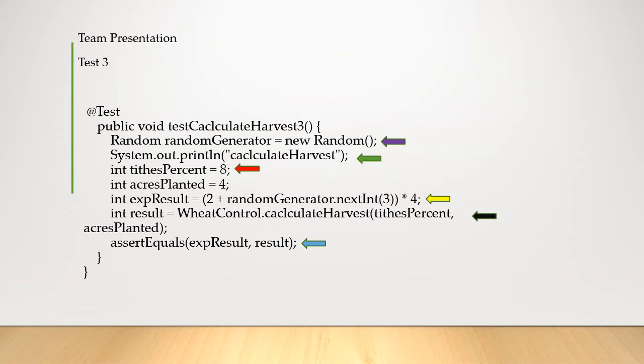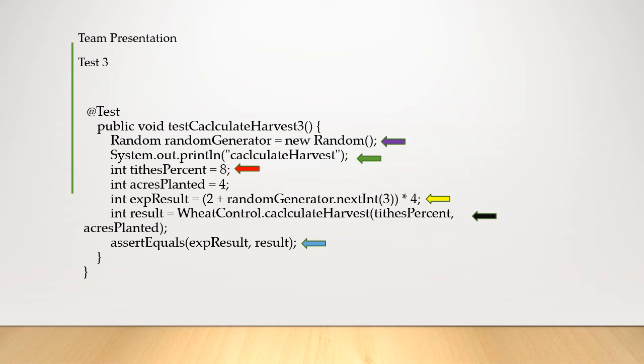The next one under the yellow arrow is the int expected result. Now this is set with a number also, and is the result that we expect to see after the whole test method is completed. Now the int result calls the wheat control calculate harvest, and it passes 2 parameters within it, which are tithes percent and acres planted.